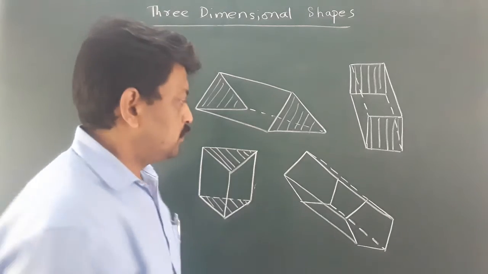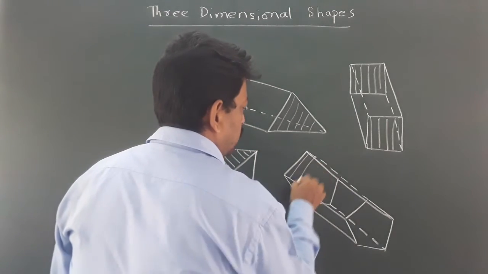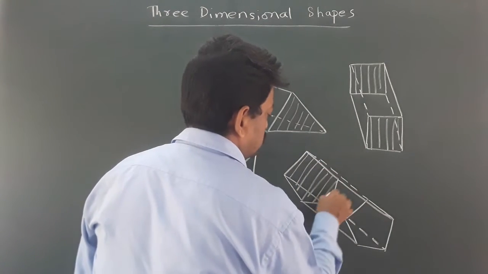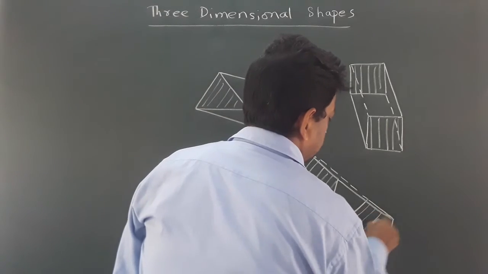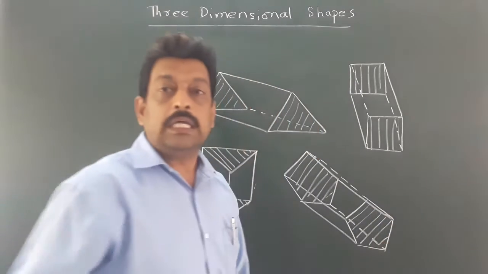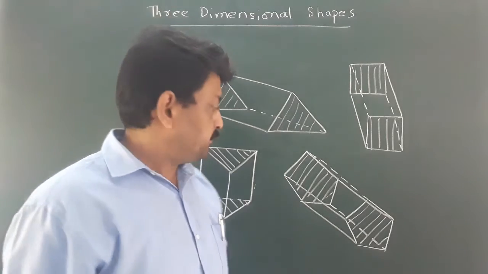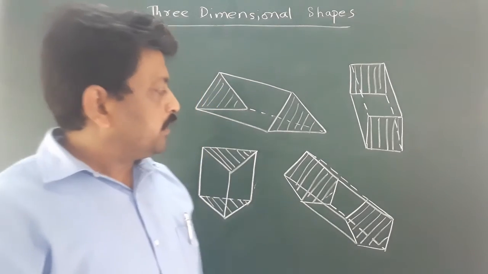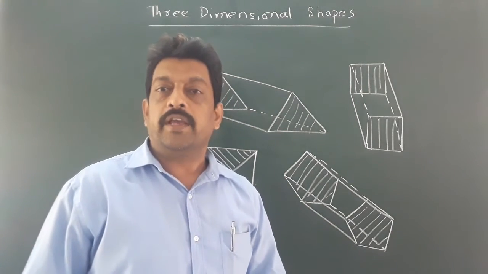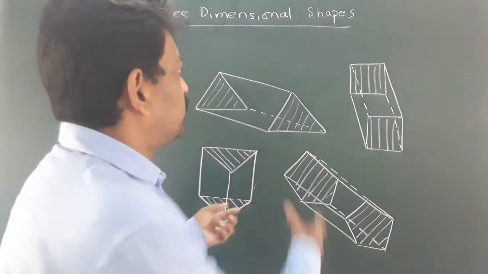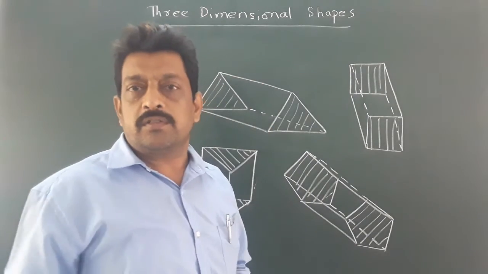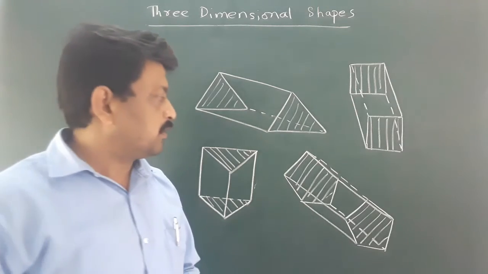So here also this is a pentagon, means it is a pentagonal prism. Similarly, we can draw a hexagonal prism. We have to draw two hexagons and join the corners, so we will obtain the hexagonal prism.